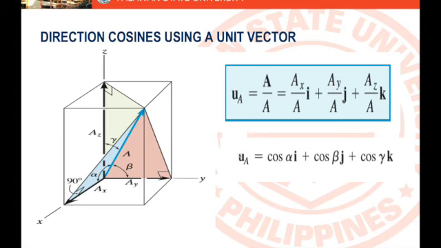So we can write our unit vector u sub a in terms of our direction cosines: cosine alpha i plus cosine beta j plus cosine gamma k. This is the equation for our unit vector u sub a in the direction of A.